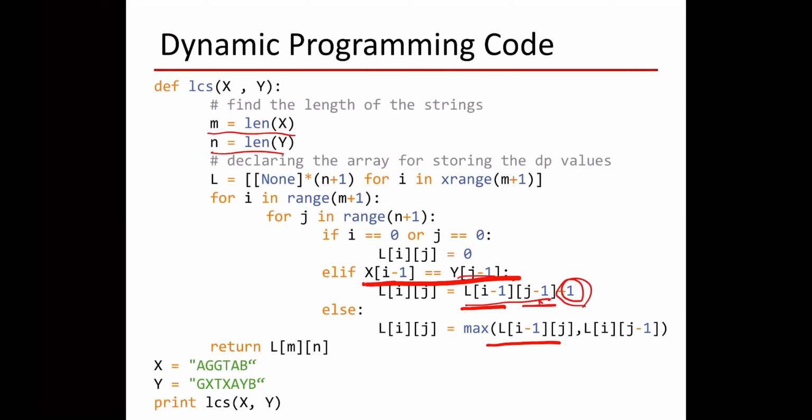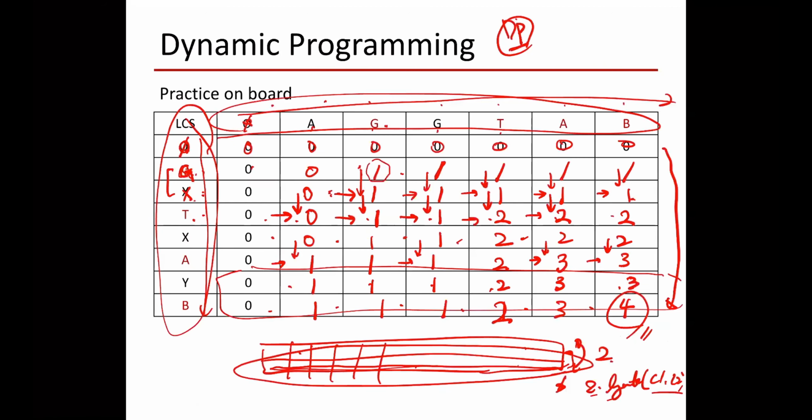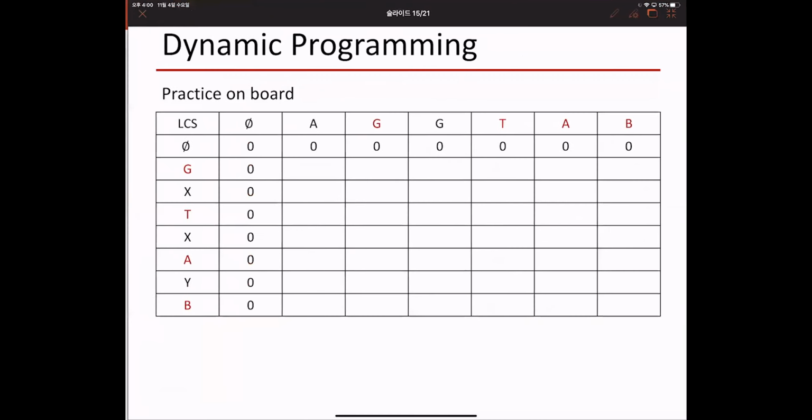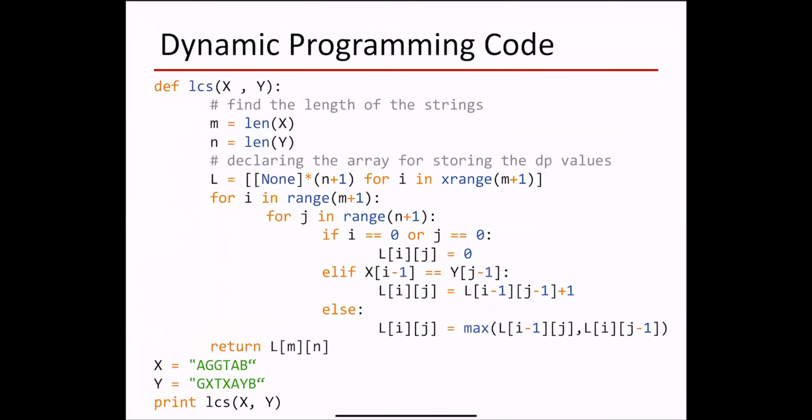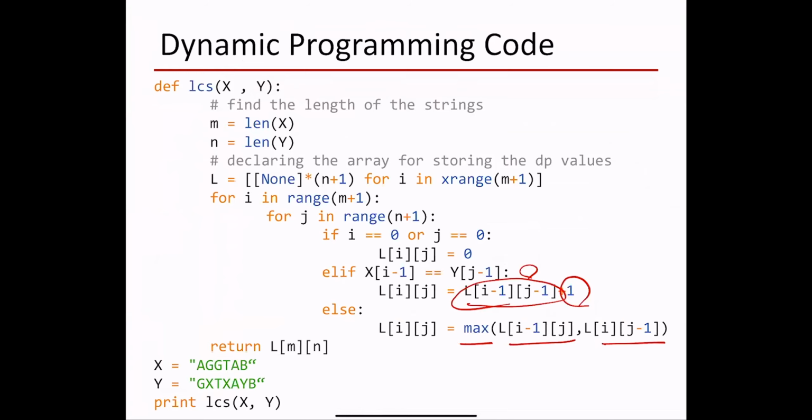If it's not a match, either of 2. So if it is a match, I'm adding the diagonal value. Okay, let me try to solve it again. So the code says, if it is a match, diagonal value +1. If not, max of vertical or horizontal.